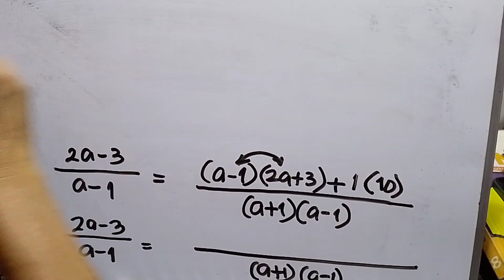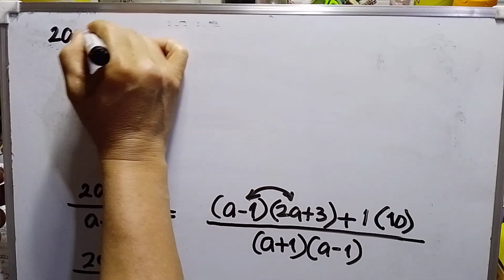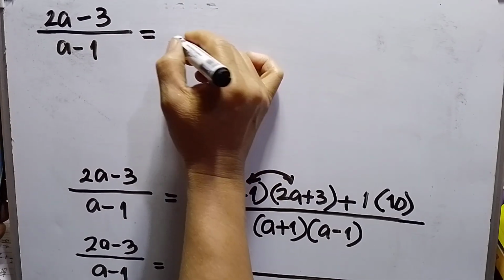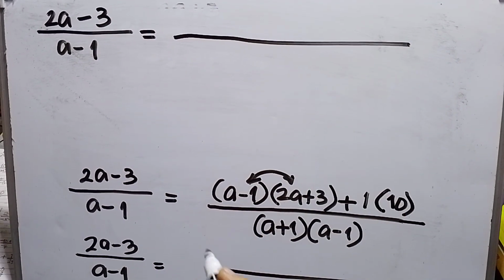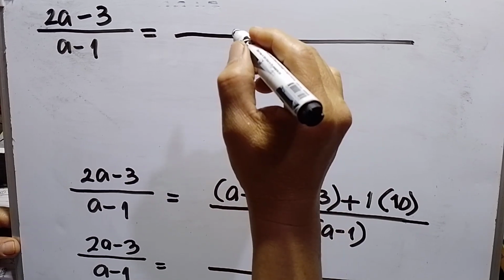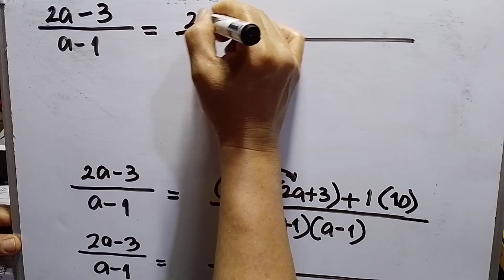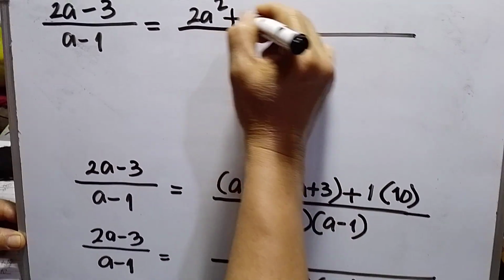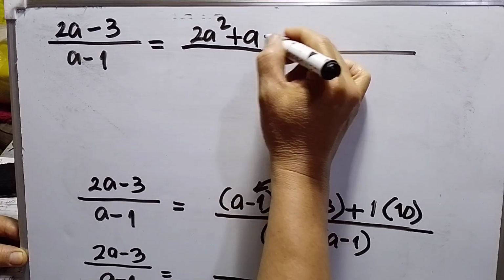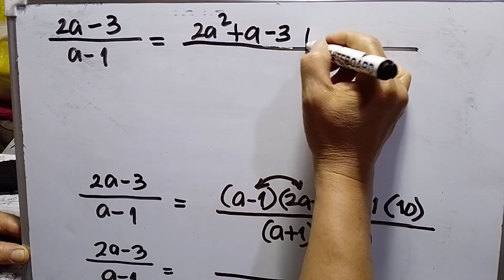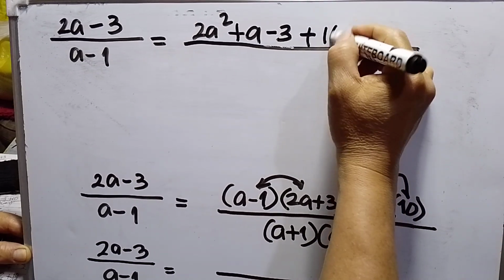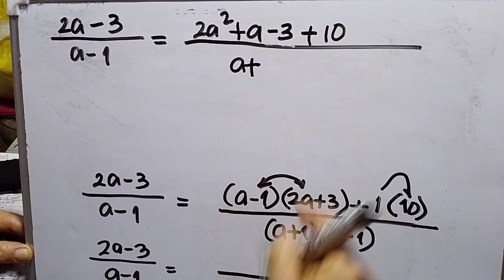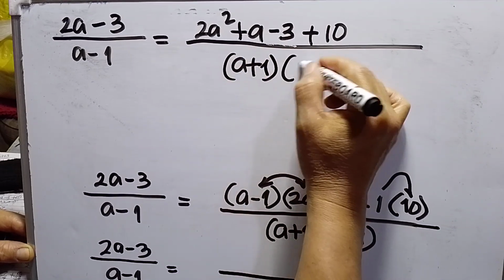So this will be (2a − 3)/(a − 1) is equal to 2a² + a − 3, then plus 1 times 10 is 10, and then copy the LCD or denominator, I mean, (a + 1) times (a − 1).